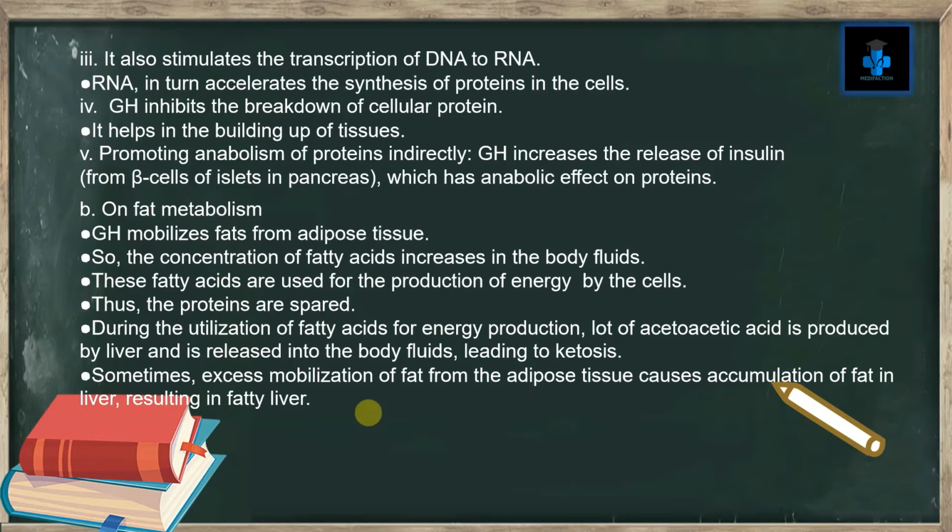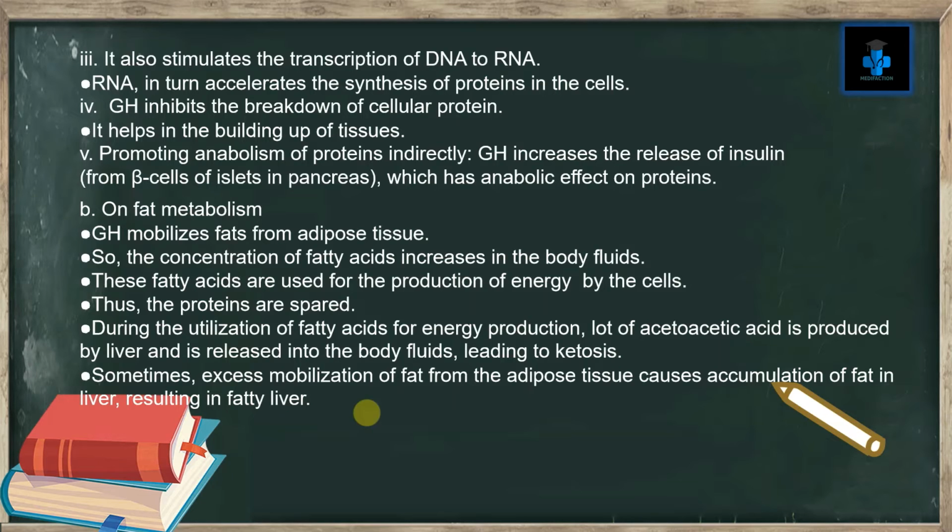Now let's check its action on fat metabolism. Growth hormone mobilizes fats from adipose tissue. So, the concentration of fatty acids increases in the body fluids. These fatty acids are used for the production of energy by the cells. Thus, the proteins are spared.